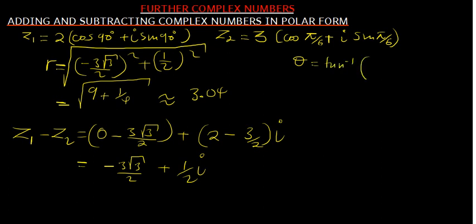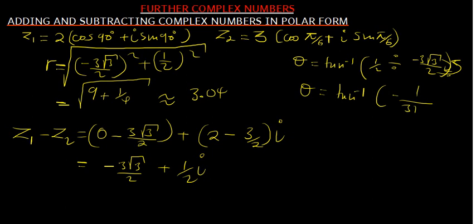Now to find the angle theta, theta is equal to tan inverse of y over x. Y is the portion which has the i, so that is 1 over 2, divided by x, the portion that doesn't have any i, that is negative 3 root 3 over 2. So this is going to give us tan inverse of, if we take this on top, the negative 3 over 2 is going to come down, and so on top we remain with negative 1 over 3 root 3.